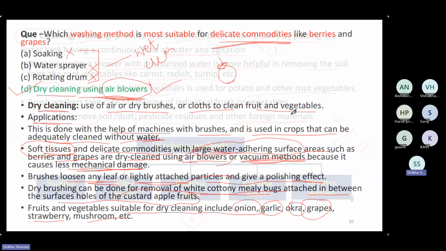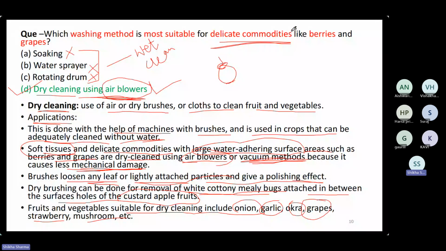So in this question, we talked about delicate methods, which is the dry cleaning method, using air blowers. Because in rotating drum, the drum will rotate and the drum surface is a little abrasive, so that will harm the tuber surface.